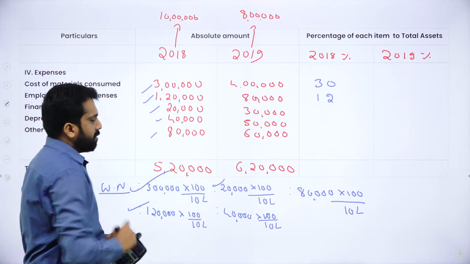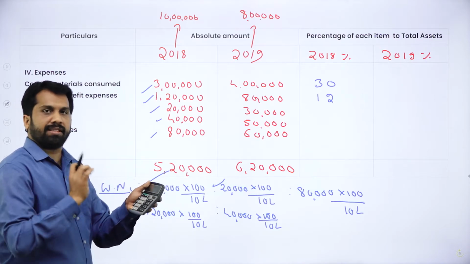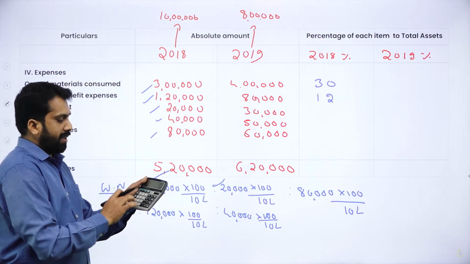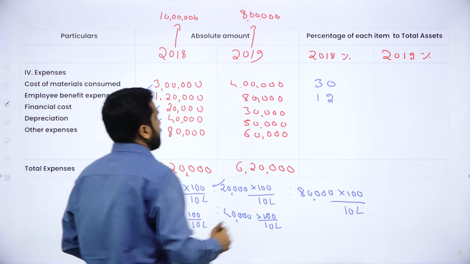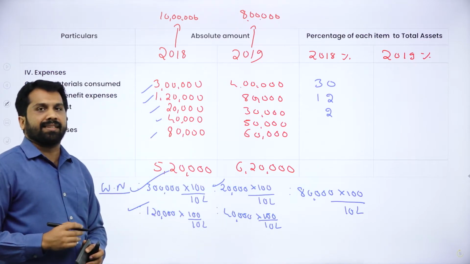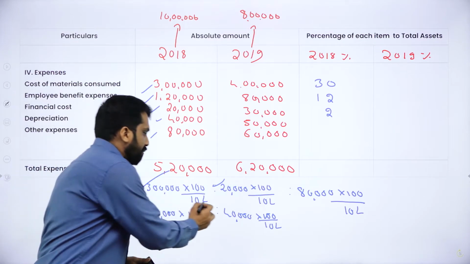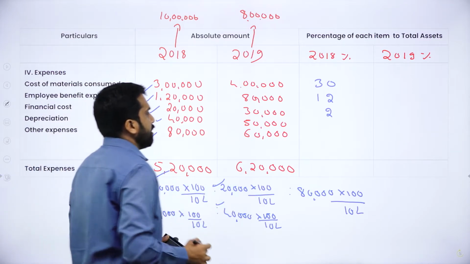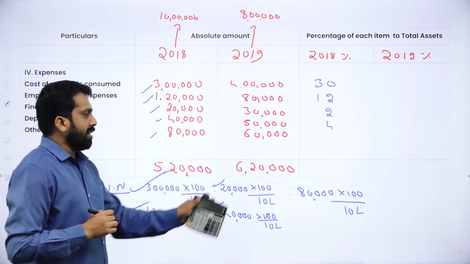Now we'll go for the third one. It is 20,000 multiplied by 100 divided by 10 lakh. You got 2%. After this, what is the next one? 40,000. If you calculate for 40,000, you will get 4%. What is next? 80,000.